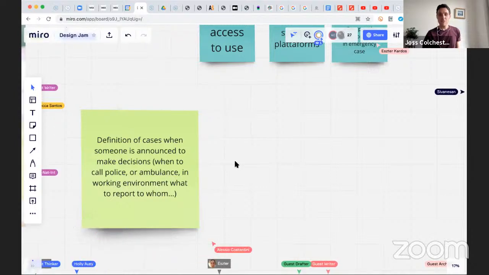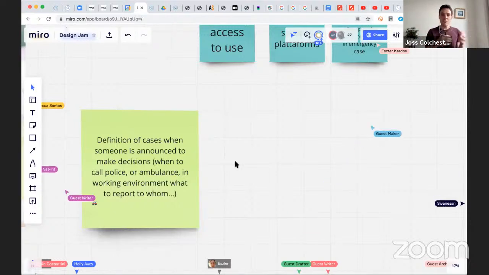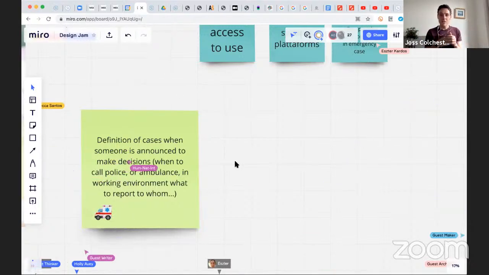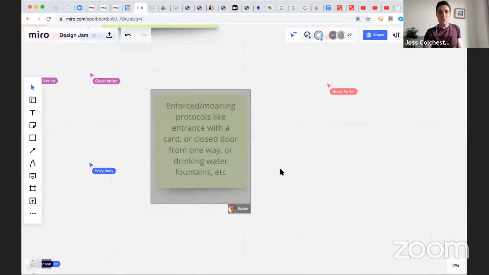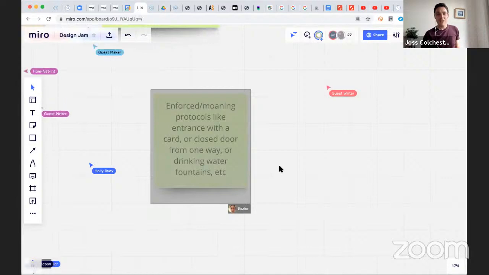But those kinds of procedures are like protocols too, aren't they? Like if this, then do that. Anybody want to talk on this? Enforced moving protocols like entrance with a card or a one-way closed door, or drinking water fountains.